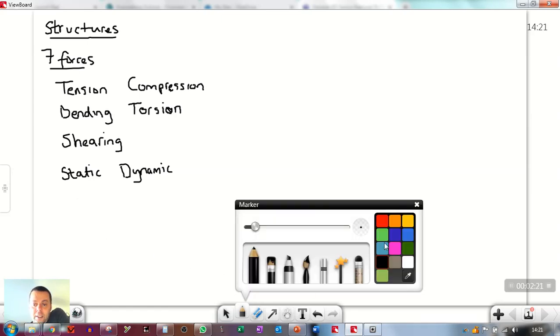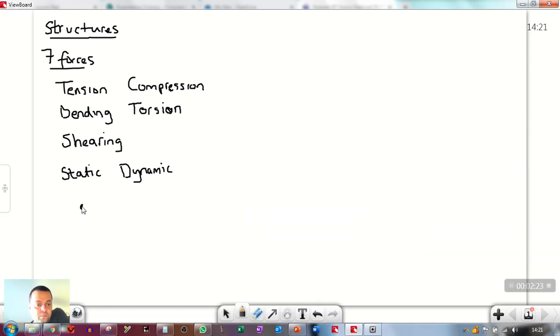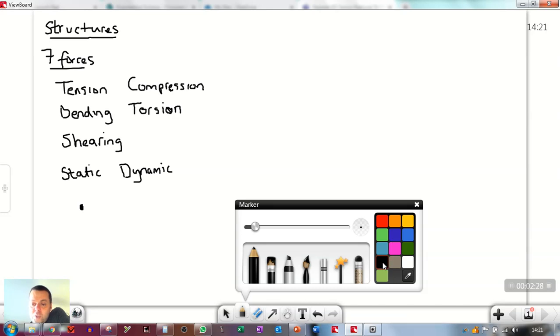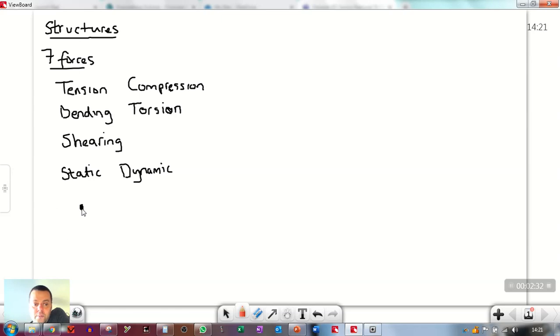So if you had a body and there are forces acting on it, when we represent forces, we represent them with little arrows. We call them vectors. So you could have a system where one force is going that way, and another force acting on that body going that way, the same size. So there's two forces acting on that body, but it's not moving. That's called a static system.